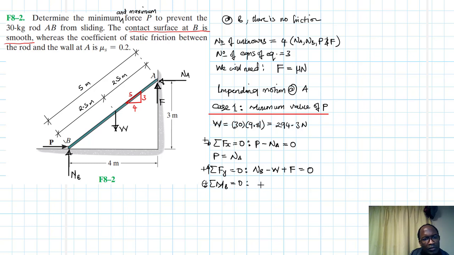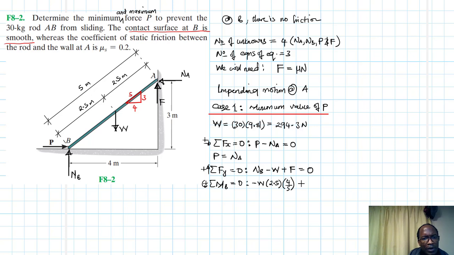So we have minus W by 2.5 by the run. So let me just close up this. So 2.5 by the run, which is 4 divided by 5.